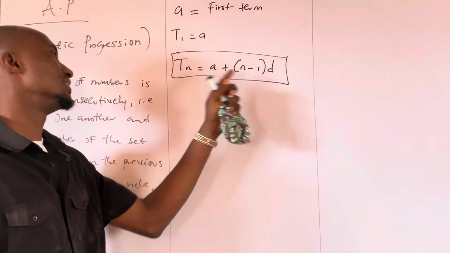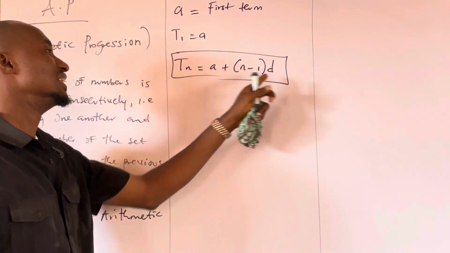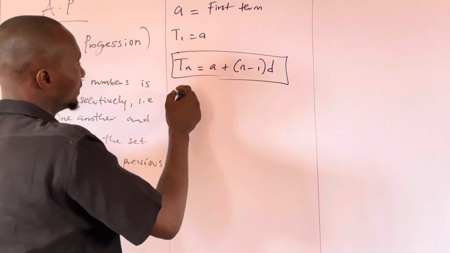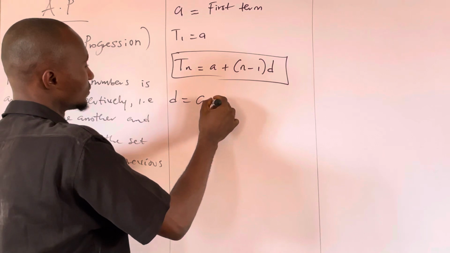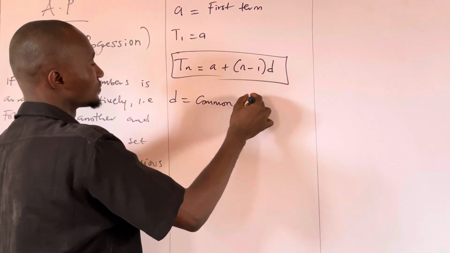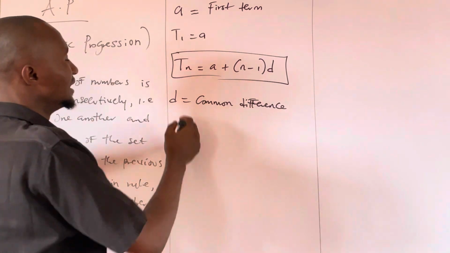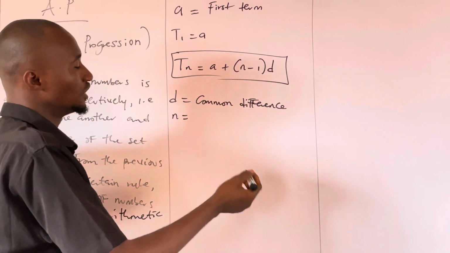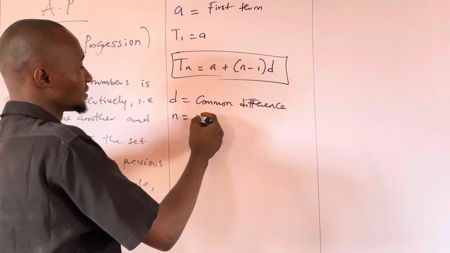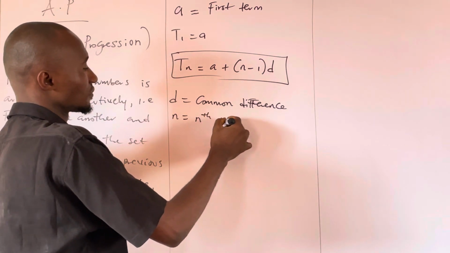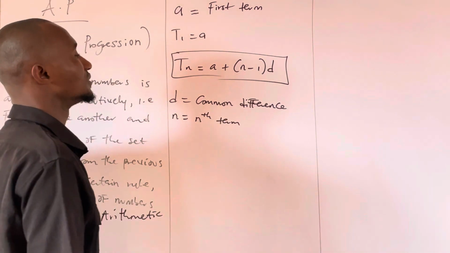Since we have agreed on this, the D here means common difference. The N here is the number of terms, that is n terms.